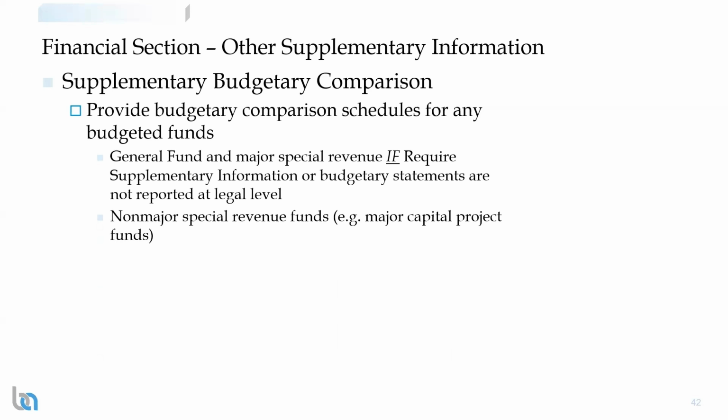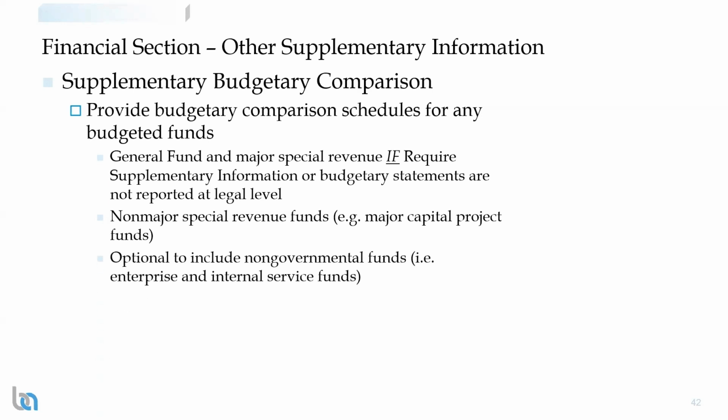And then also, if you have major funds... Trying to see what I reported there. I think this is probably not well labeled. What I meant to write here are major funds that are not special revenue funds.